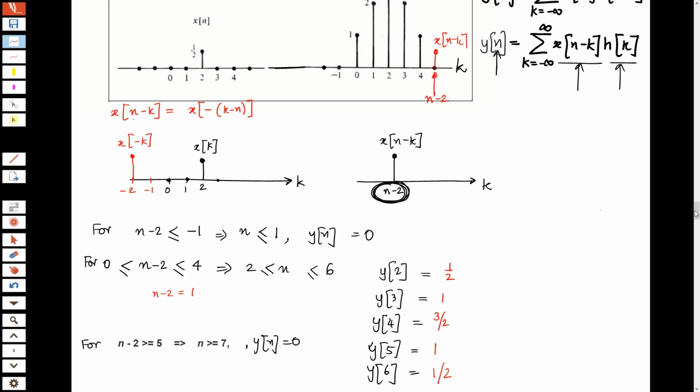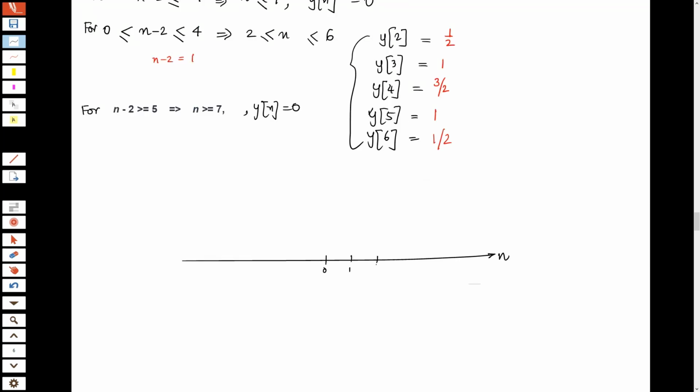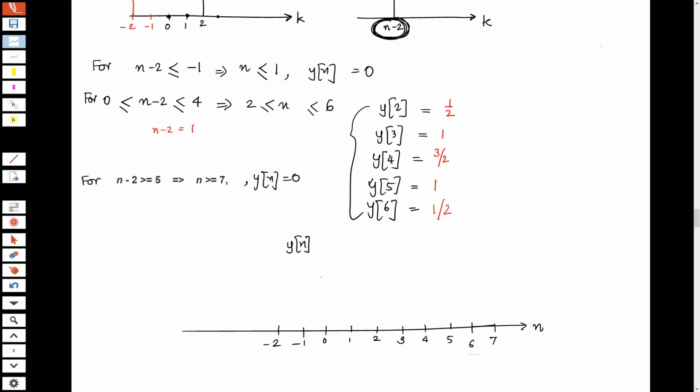So all you have is non-zero samples between 2 and 6. 0, 1, 2, 3, 4, 5, 6. So y of n is 0 for everything before 1. So these are all zeros.